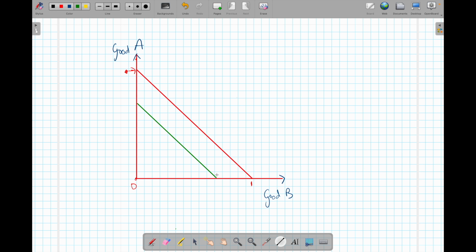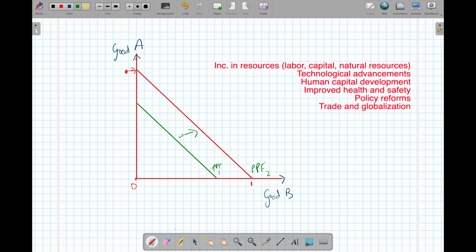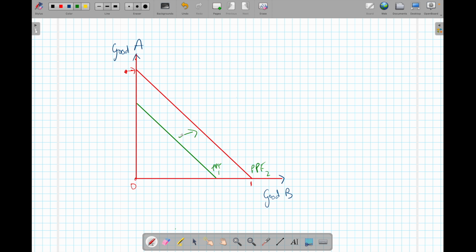Let's consider this PPF1 and PPF2. What can cause this curve to go outward? Simply put, one of the ways is discovery of new resources. Let's just say the property where you live is a country. The walls around your home is a country.